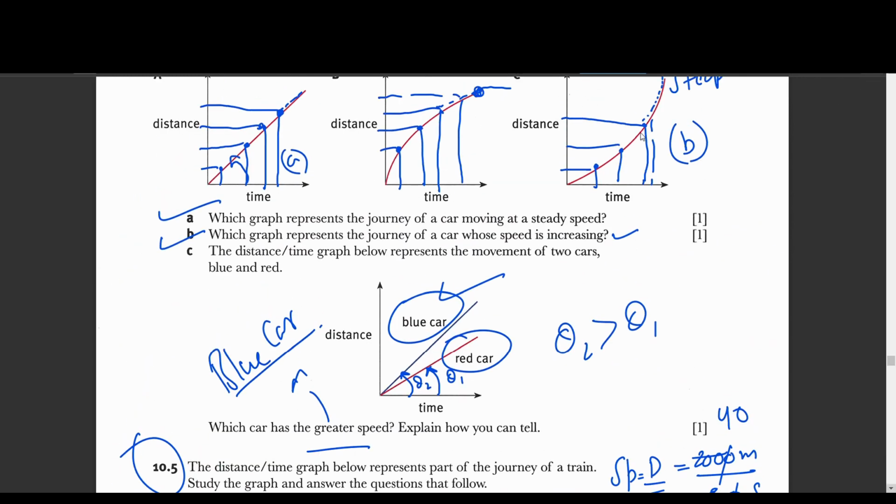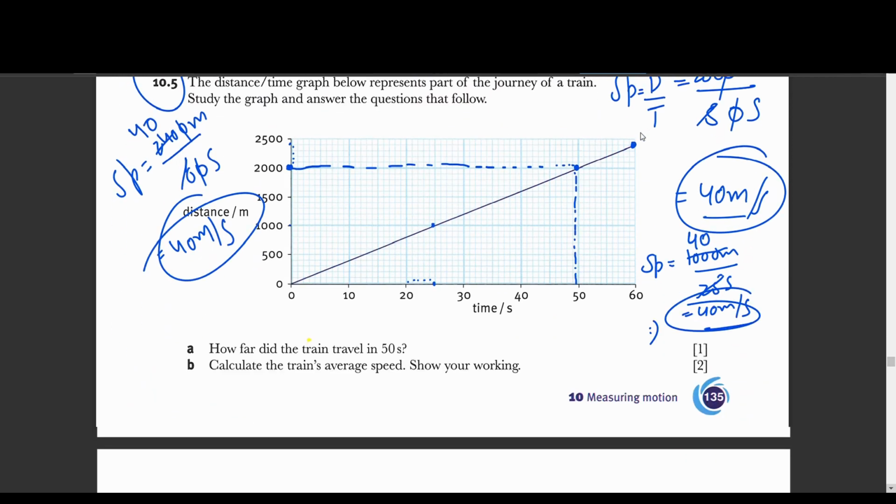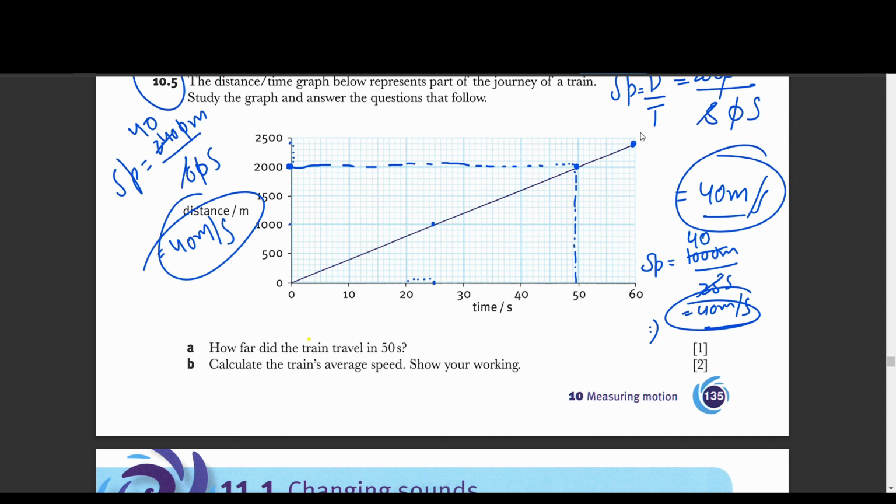Fine. Speed is represented by the slope. If the speed is constant, the graph would be a straight line. Right?